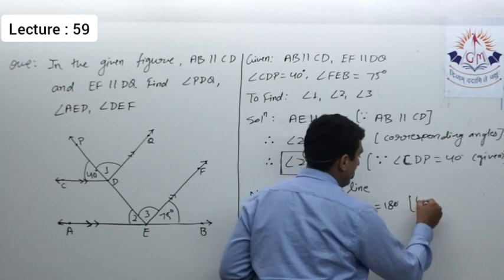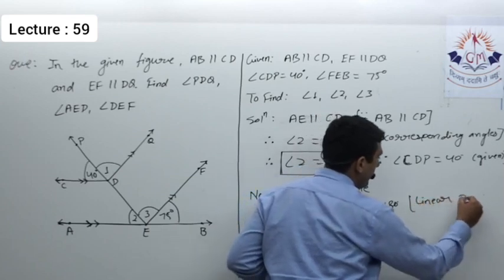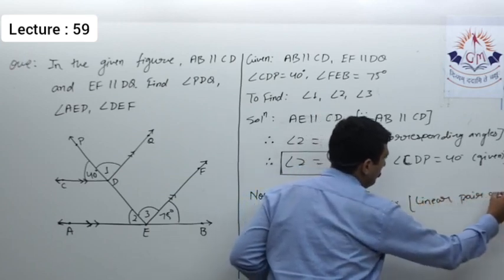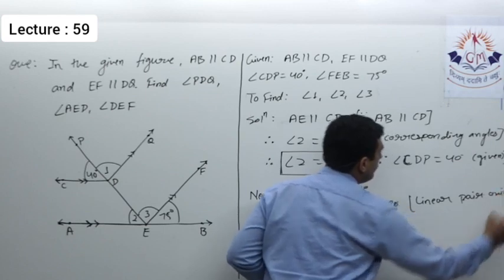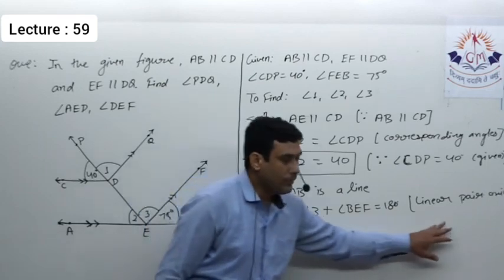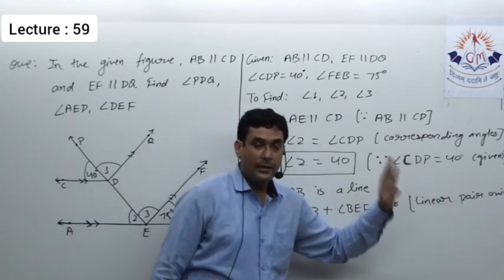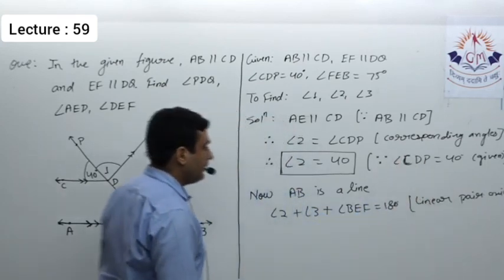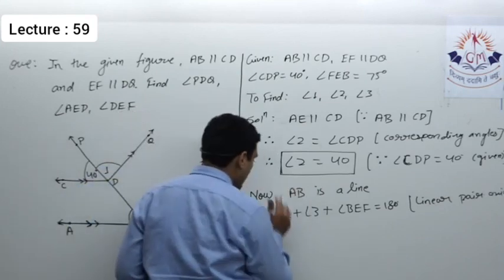Reason, what I will write? Linear pair axiom. As I told you, this linear pair axiom is very important. I gave you the concept of linear pair axiom as well as the revision of that. So it's very important. Please be ready with this.